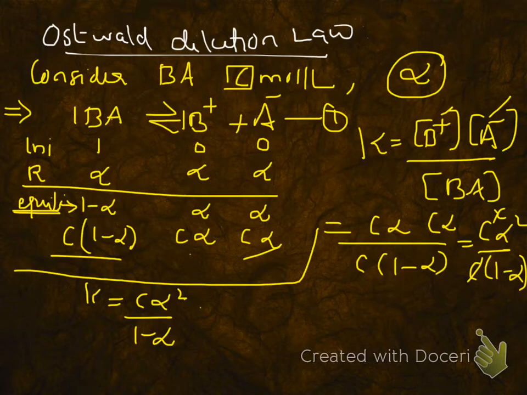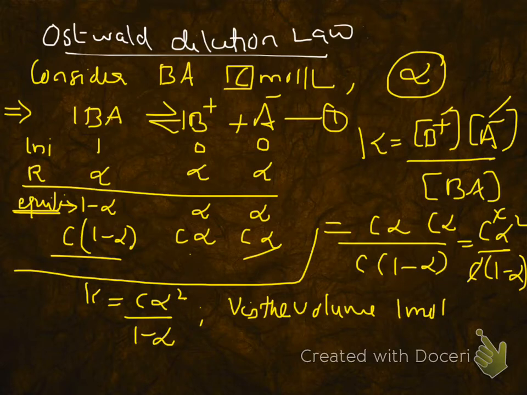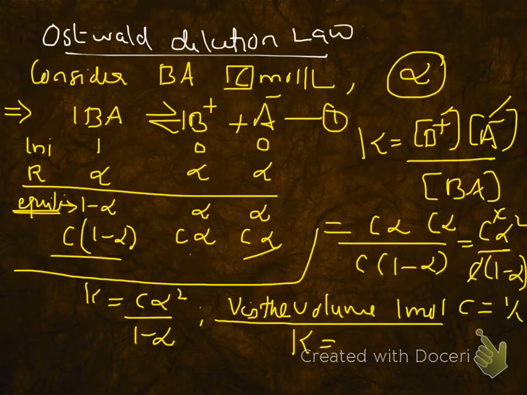Suppose V is the volume of solution having 1 mole of the electrolyte. Then K can be written as, if V is the volume of solution having 1 mole, that means concentration equals n by V, number of moles by volume.